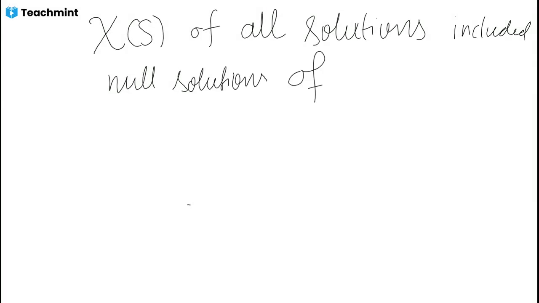I had a question here. How is chi lambda s different from the spectrum? In the spectrum we are using the values of lambda, only eigenvalues, and here we are working with the eigenvectors.